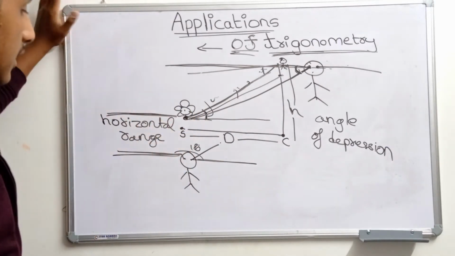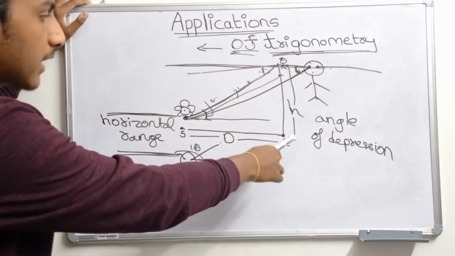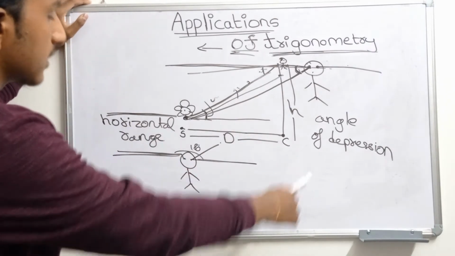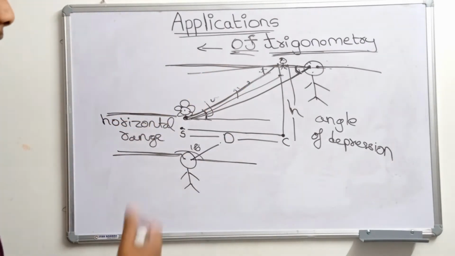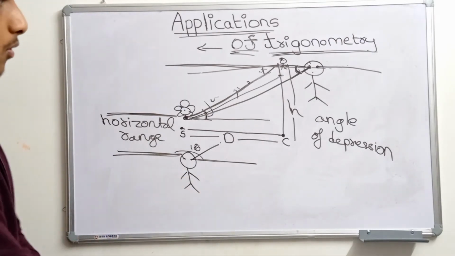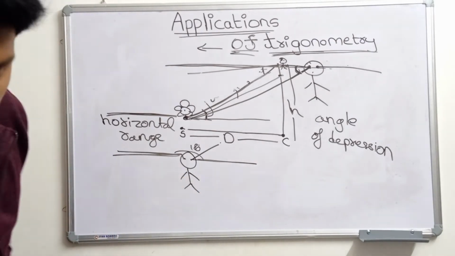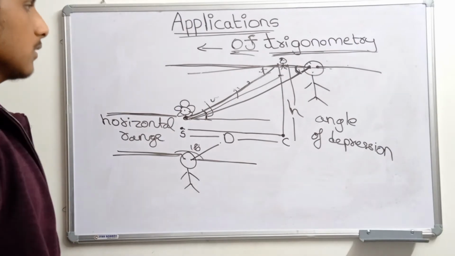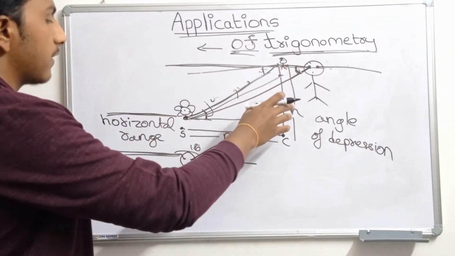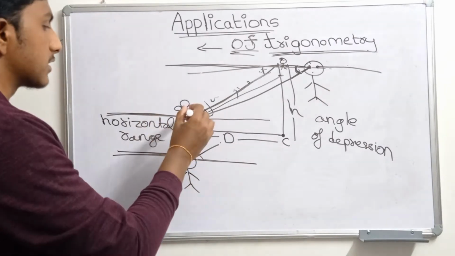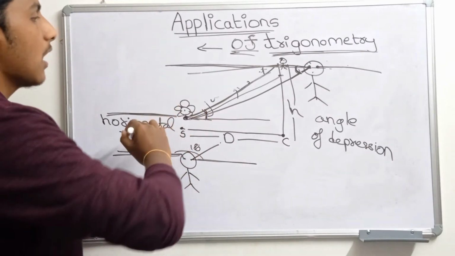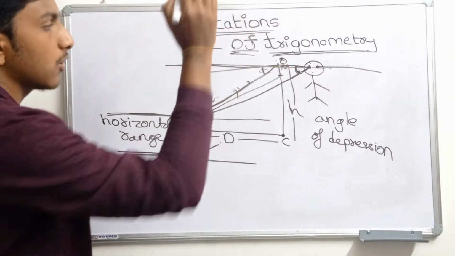Here these terms are really important guys: horizontal range, angle of depression, angle of elevation. If we keep solving problems, you will get more clarity about this. Okay, this is angle of elevation when the person is standing on the road and watching a flower on the pillar.